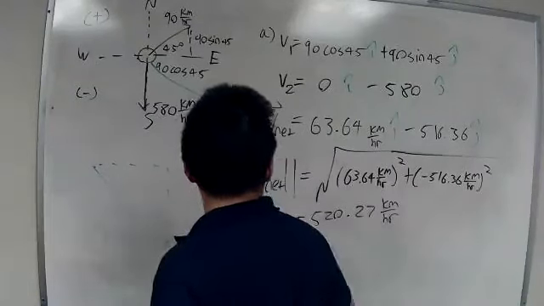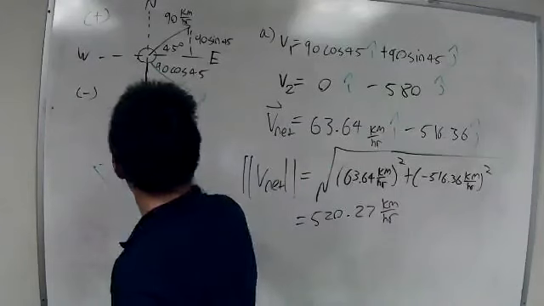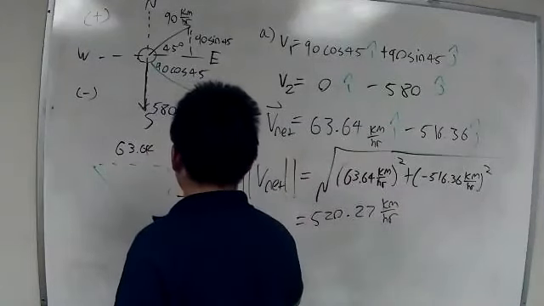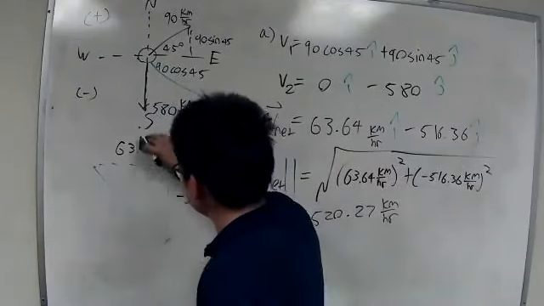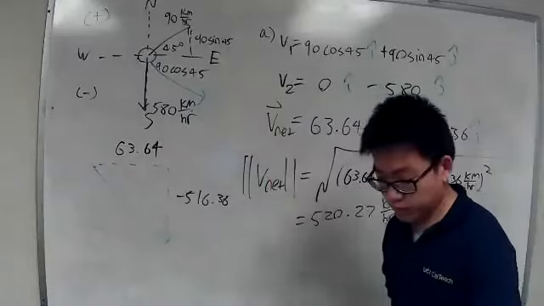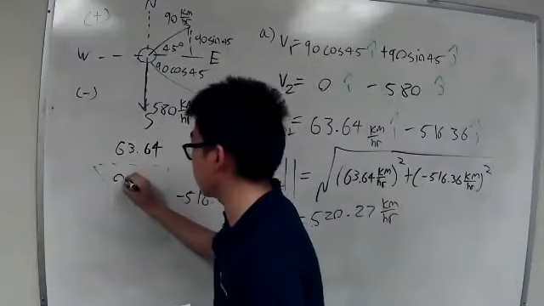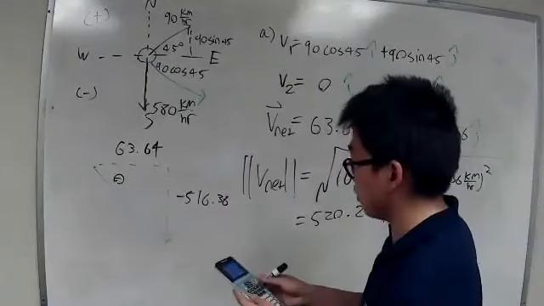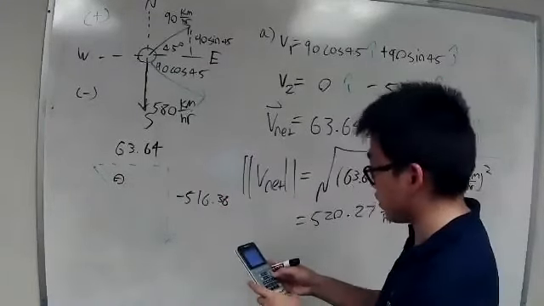So this is 63.64, and this is negative 516.36. Just get the tangent, and we can get this angle with arc tangent. Hopefully by now you know why I'm doing this.